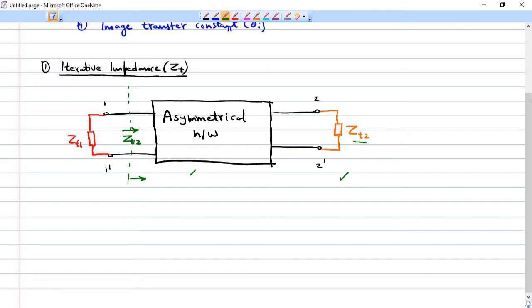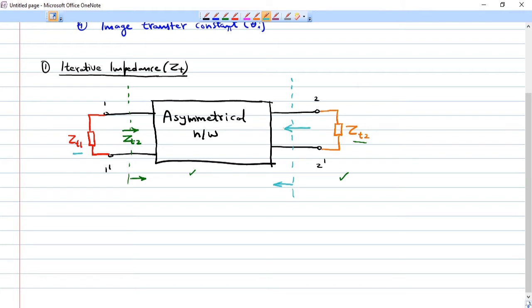Okay, similarly, you look from the second port towards the left like this. Okay, with ZT1 attached to the input side. You are attaching the iterative impedance ZT1 to the 1,1' terminal. So what is the impedance that you get?